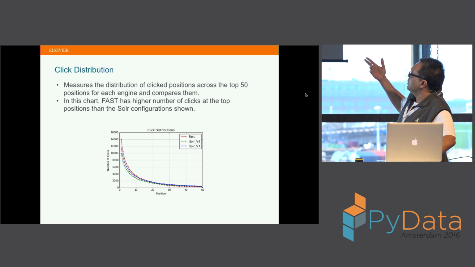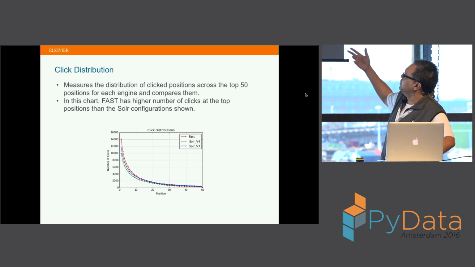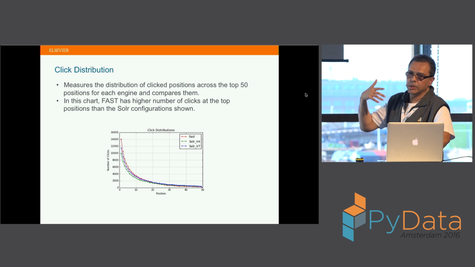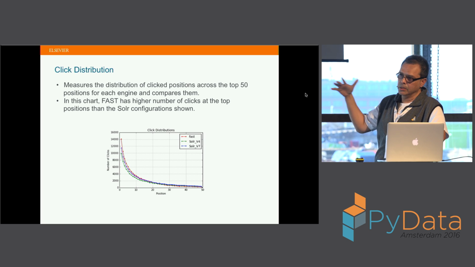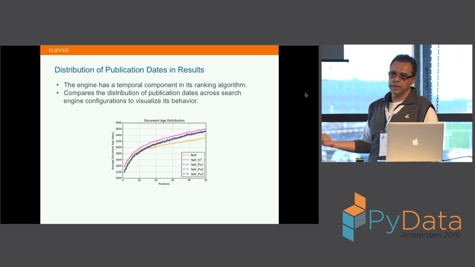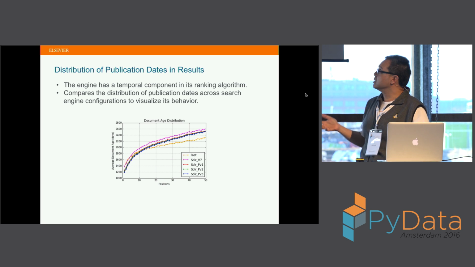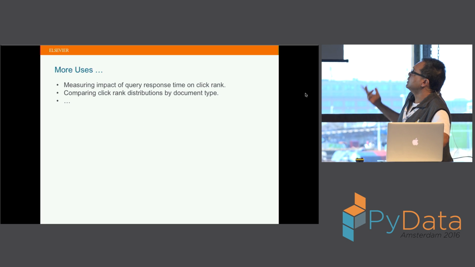Then we measured clicks by positions, and we got fairly intuitive charts, but these were interesting because you could compare different search results along different directions. Another one was publication dates. We had a freshness component where you wanted to show newer results first, and there were some more uses.